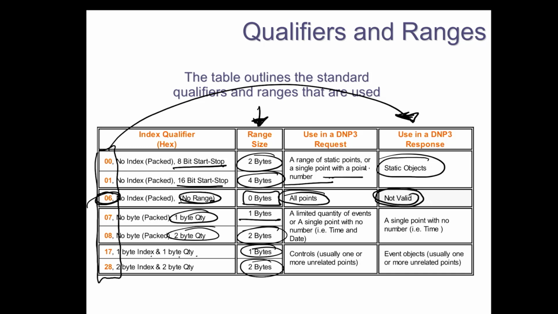You have to be very specific and say this is point number 1, point number 2, point number 3, or a range of points, so that it's understood what data corresponds to what point. So you're never going to see a 06 qualifier in a response, because what has to come back is specifics. There's a general request for all points going out, and there are specific values coming back in a response. So a 06 is another example of a generic, all-encompassing request.